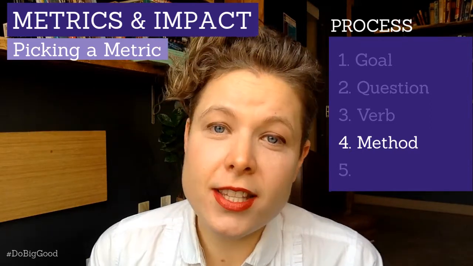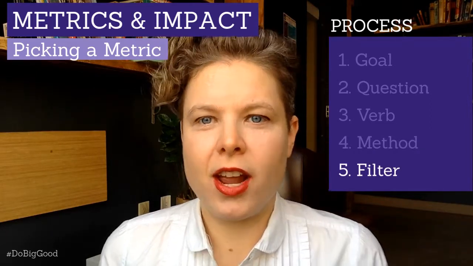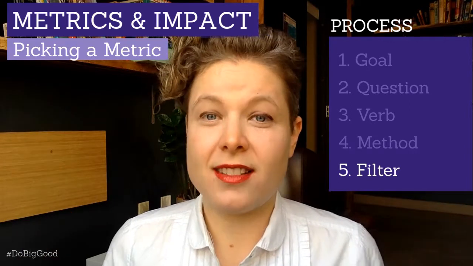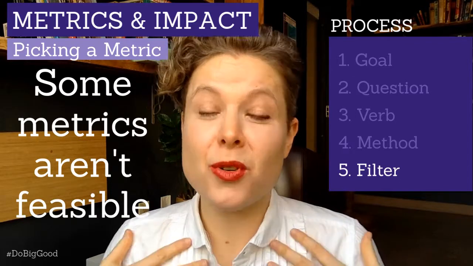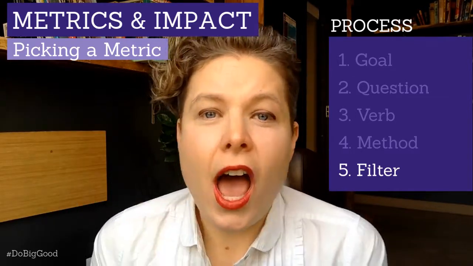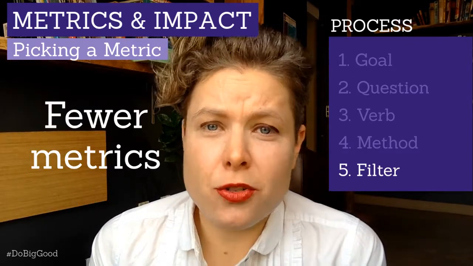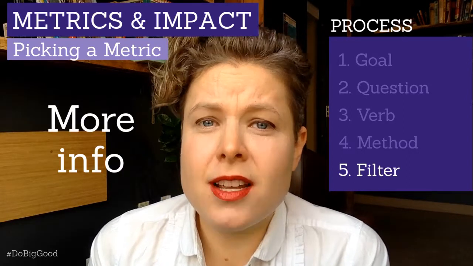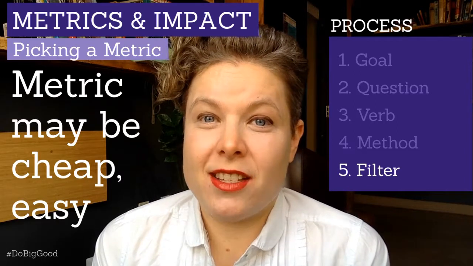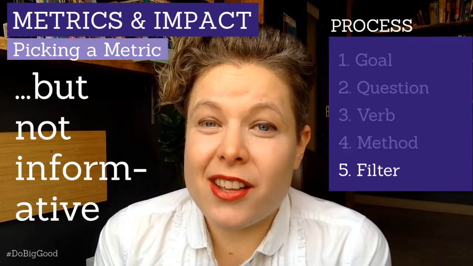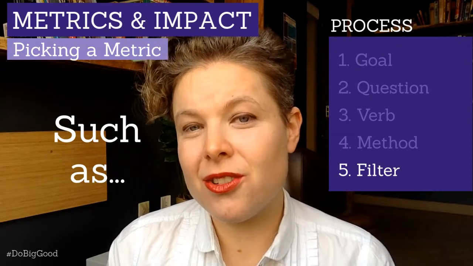And then the final 5th step is filter, right? You're going to have all of these options, and some of them are going to be really unfeasible, they're going to be too expensive, maybe you don't even have the skills, right? And also you want to collect as few metrics as possible with the most information value. So if a metric is cheap and easy to collect, but it's actually not giving you that much information, that's not that great.